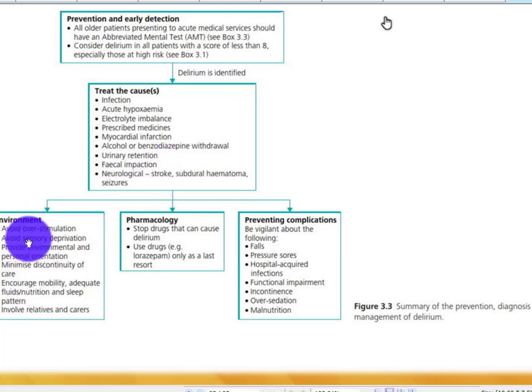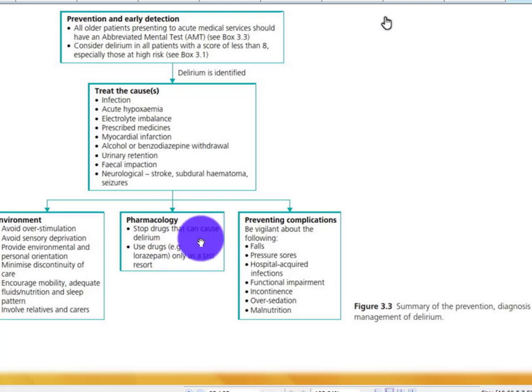Environmental: avoid overstimulation, avoid sensory deprivation, provide environmental and personal orientation, minimize discontinuity of care, encourage mobility, adequate fluid, nutrition and sleep pattern, involve relatives and carers.